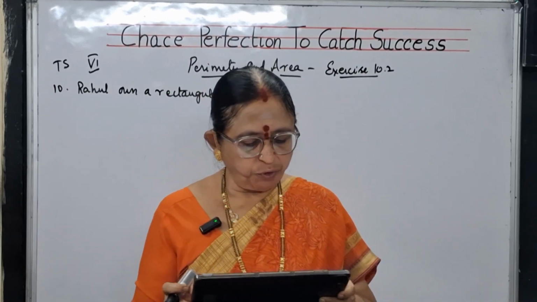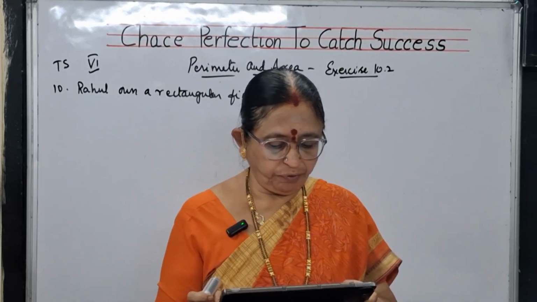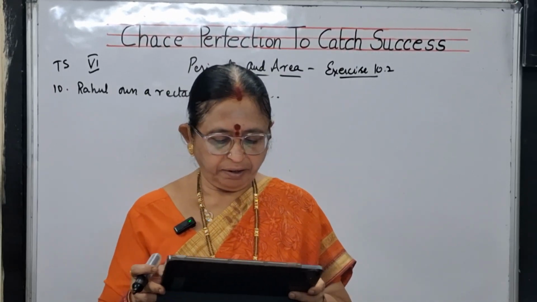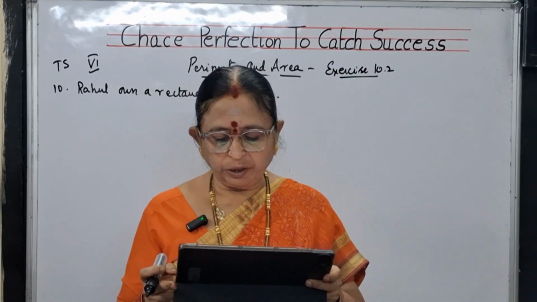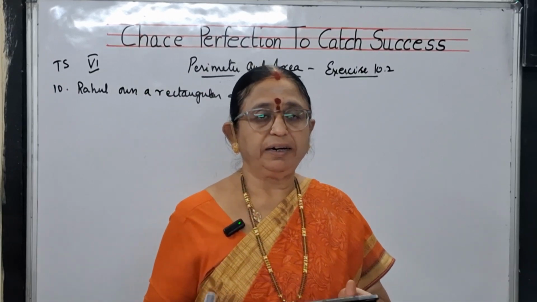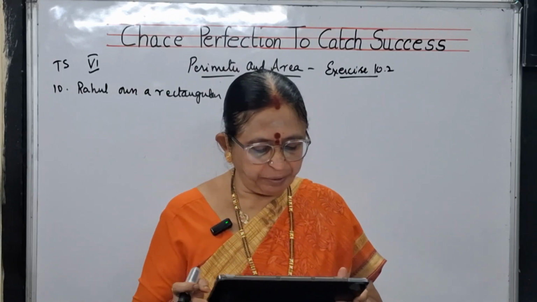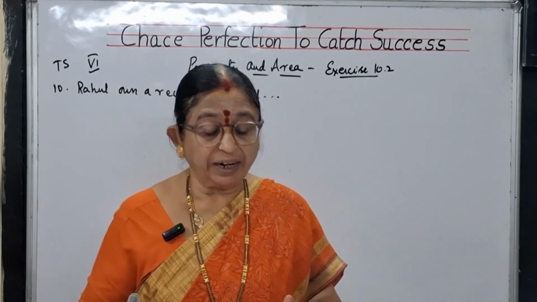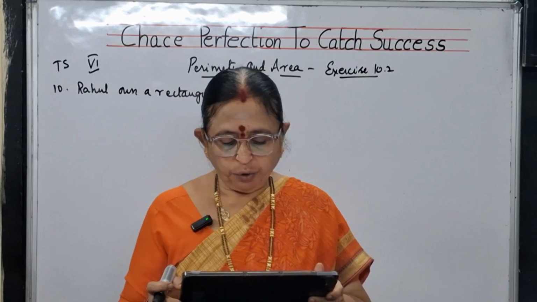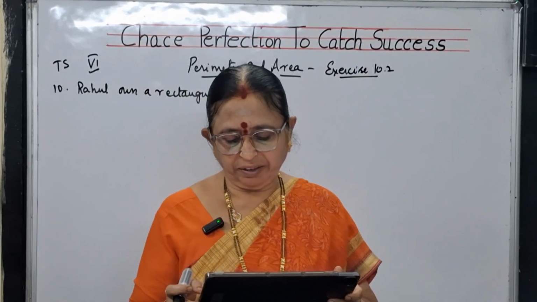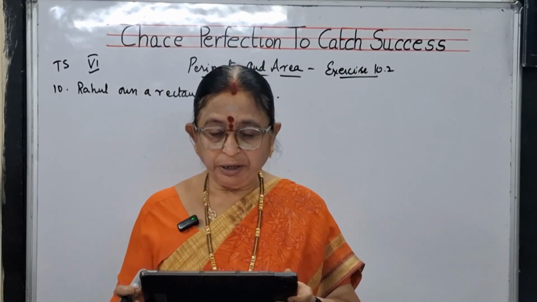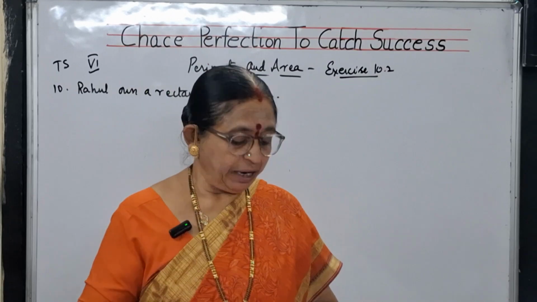His friend Ramu owns a square field of length 300 meters. Find the cost of fencing the two fields at 150 rupees per meter. If one tree can be planted in the area of 10 square meters, who can plant more trees in the field and how many more trees can be planted?